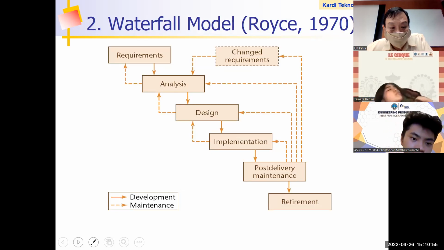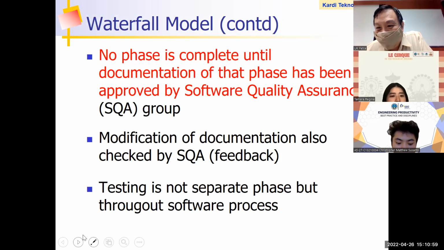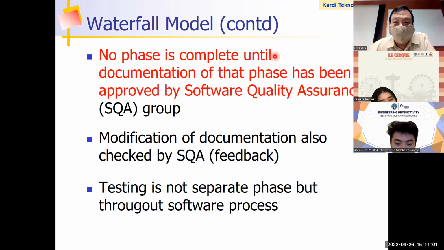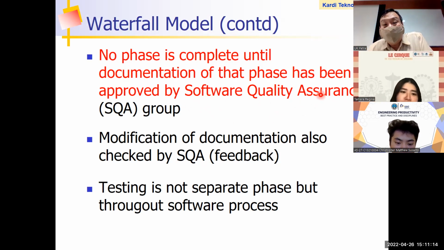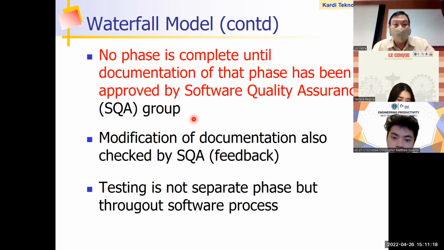This is the most important part here. No phase is complete until the documentation of that phase has been approved by the SQA, Software Quality Assurance. The SQA is the evaluator group, another team to evaluate the software.